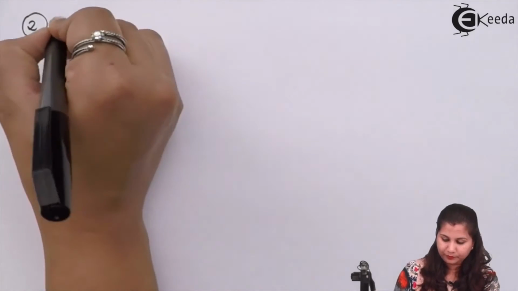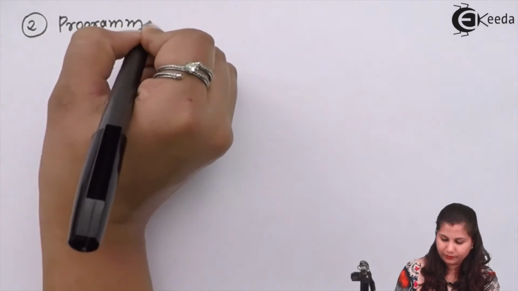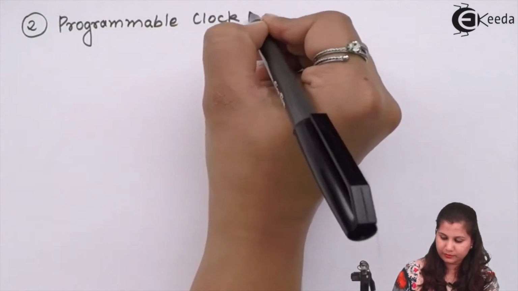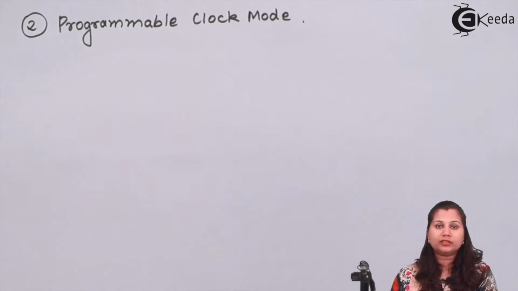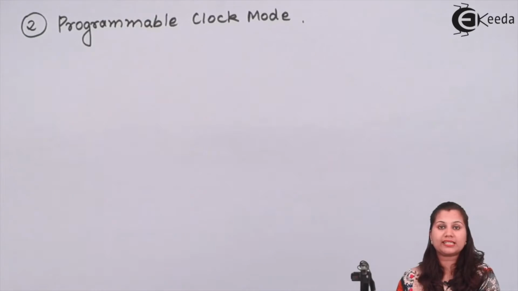Now let us come to the second command word, which is for the programmable clock mode. Now let us see the command word and what this mode decides. Because every device, every IC, will have a clock frequency, and this clock frequency is necessary to synchronize the timing and the control operations of the device or the IC.